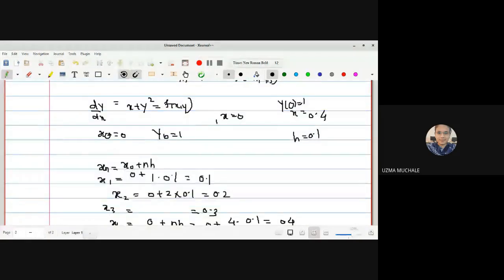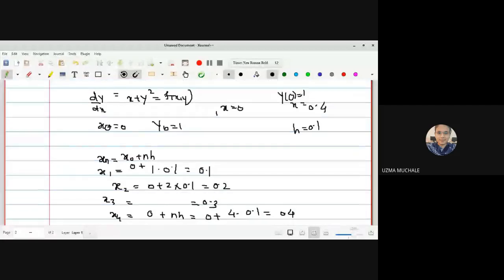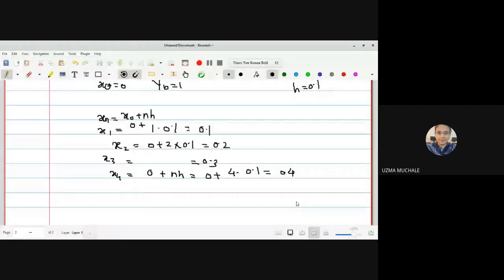Now we have found x1, x2, x3 and x4. Now we have to write Euler's method formula. By using Euler's formula, we have yn plus 1 is equal to yn plus h into f of xn, yn.